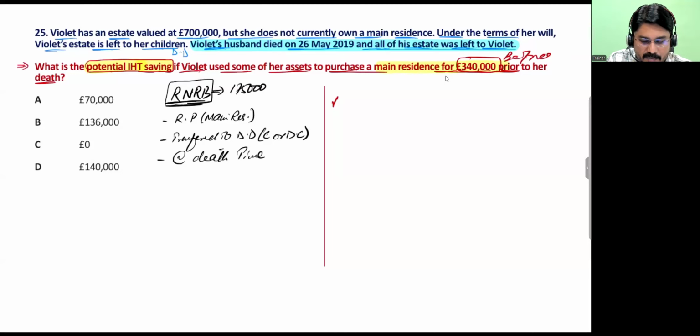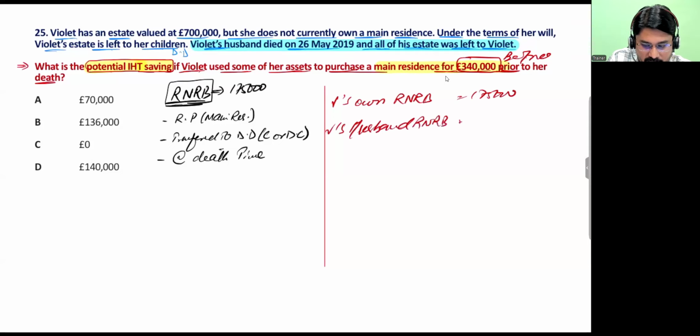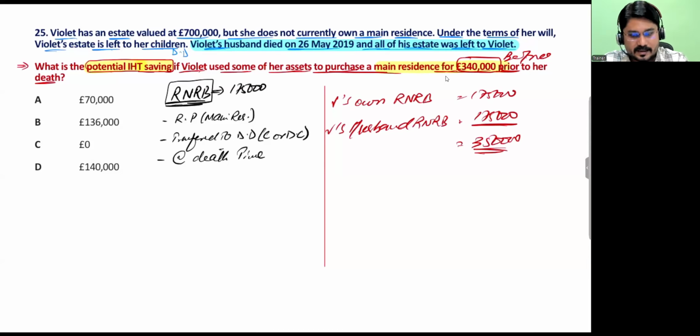How much RNRB can be claimed then? V's own residential nil rate band can be used as 175,000. V's husband's RNRB can also be claimed. It means the total residential nil rate band available would be 350,000 if the person purchased a property before death. Furthermore, the residential property value is given in the question as 340,000.